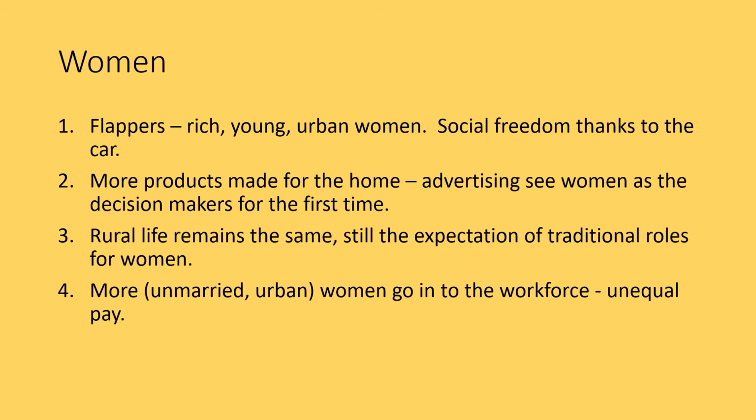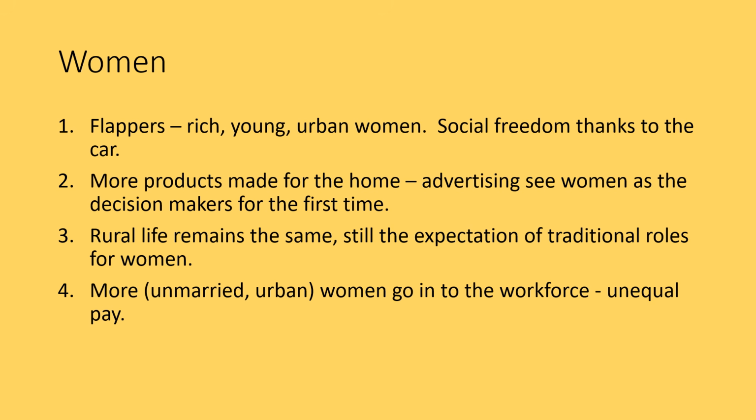I've said here in brackets that it was a lot of unmarried urban women, because back at this time in the 1920s, the belief and the attitude was that as soon as you got married, you would have to give up your job, because then you would be going into your role as a housewife and mother, and you would be having children and bringing your family up from there.